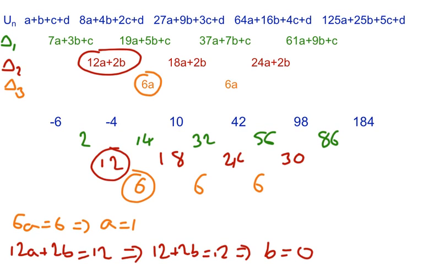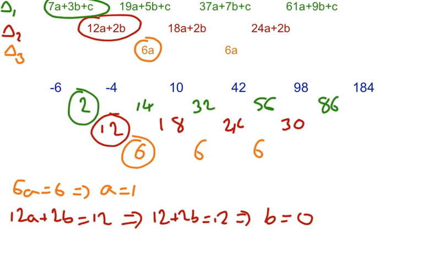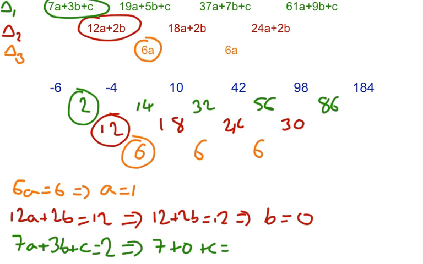We keep going. We have 7a plus 3b plus c and 2 in the next ones. So 7a plus 3b plus c is equal to 2. So 7a is 7 plus 0 plus c is equal to 2, gives us c is equal to -5.